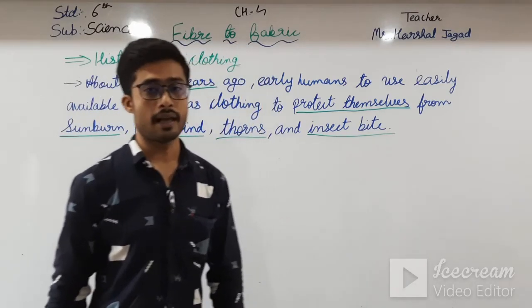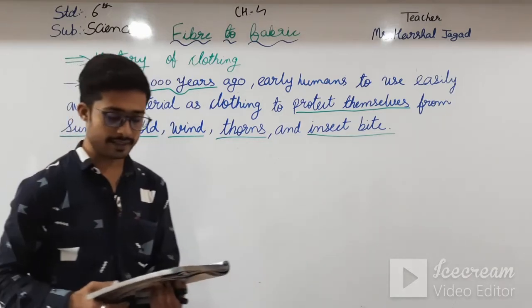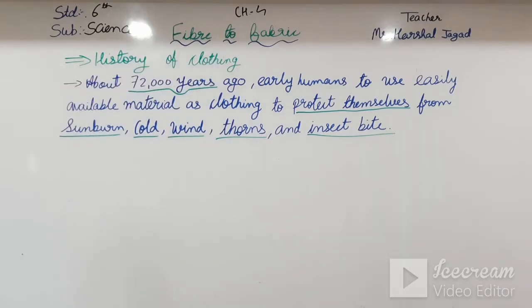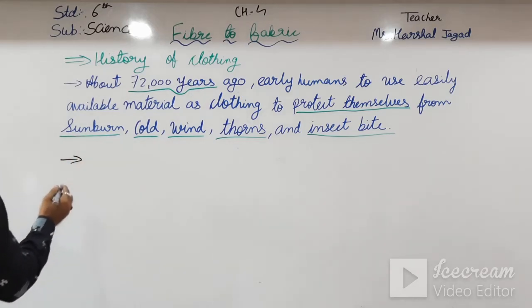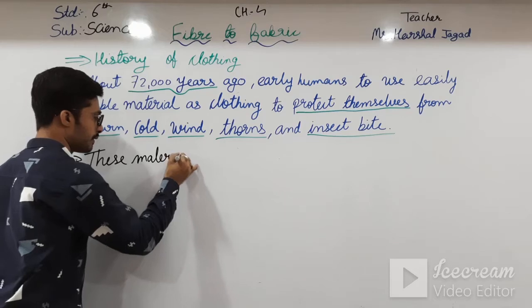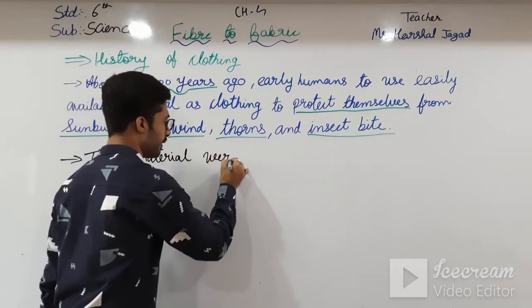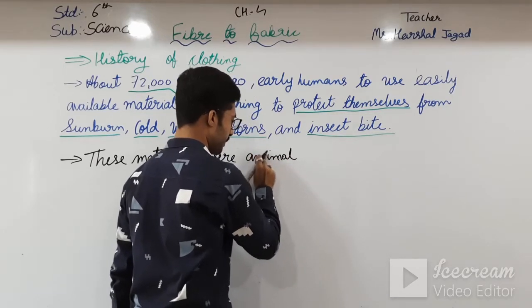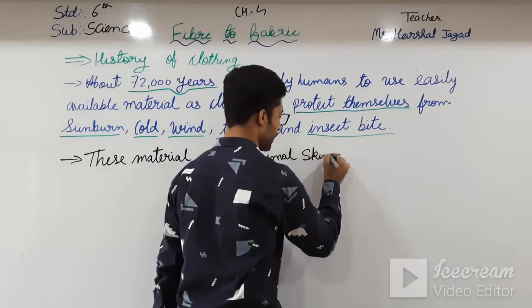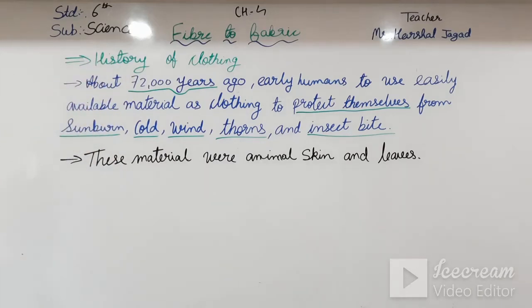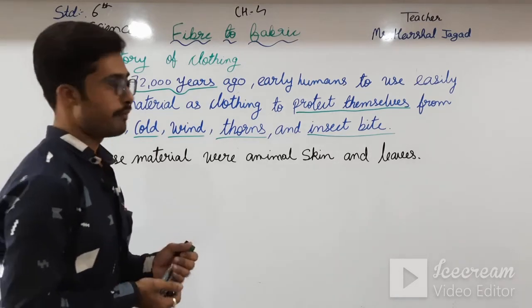Okay students, now moving to our next point, these materials were animal skins and leaves of plants. So 72,000 years ago, what did the human beings wear, and for what?